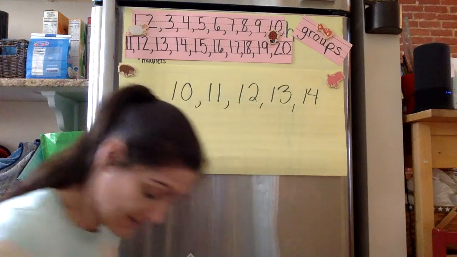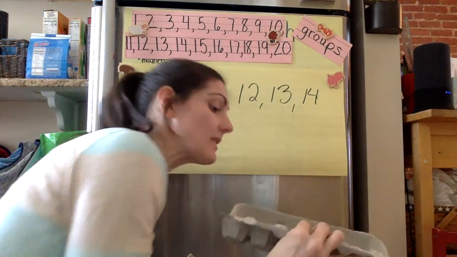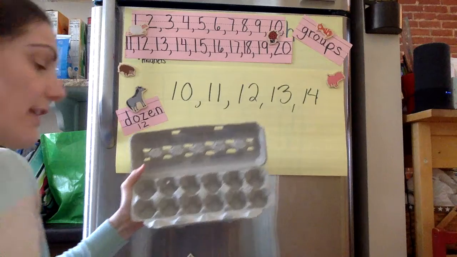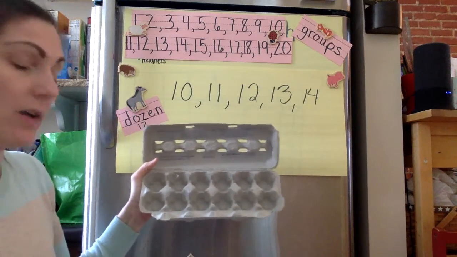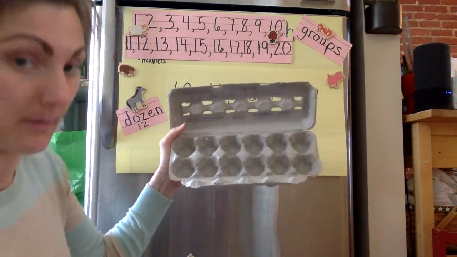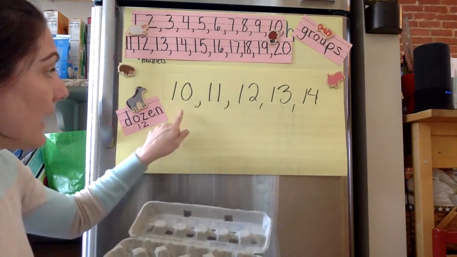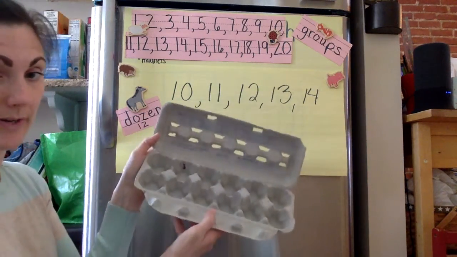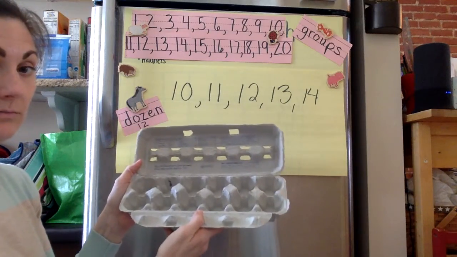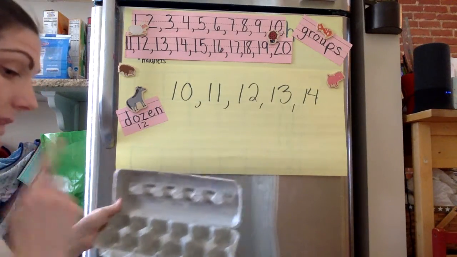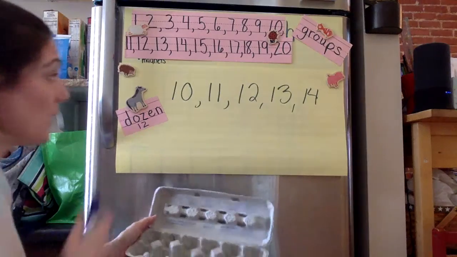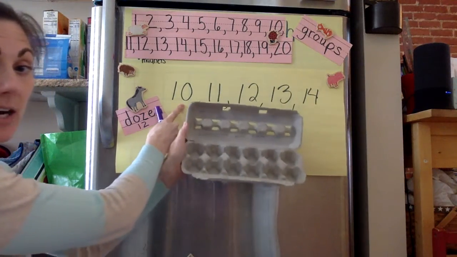So let me ask you this. If we know that we can fit up to 12 eggs, or a dozen eggs, in this egg carton, how many eggs could we put in this carton? Let's say, could we put 10 eggs in this carton?